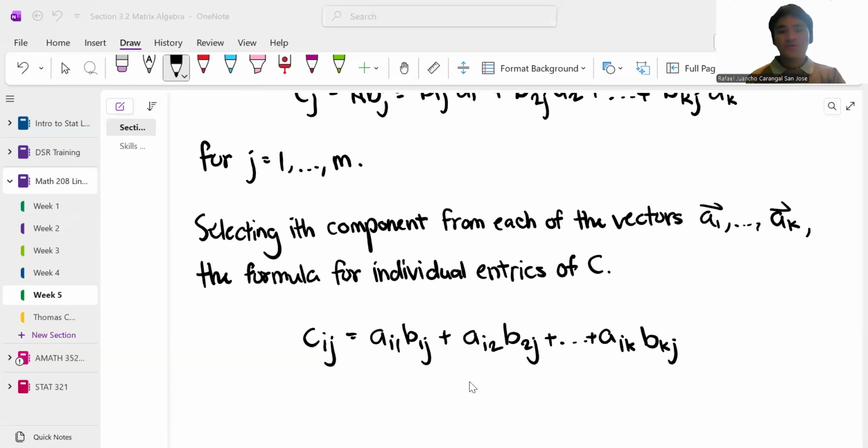So note that we are multiplying each term from row i of A times the corresponding term in column j of B, which is what we've been doing so far. And then we're adding the resulting products. And we actually call this the dot product, right? Now I'm not going to show a complicated picture of that, but let's do an example.